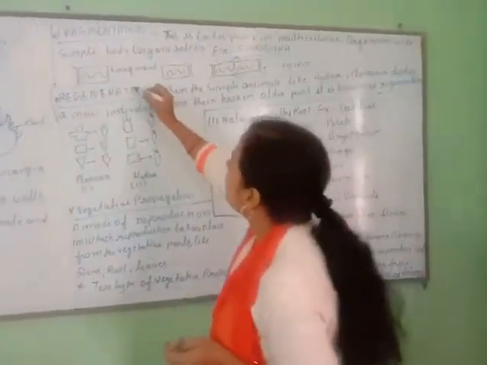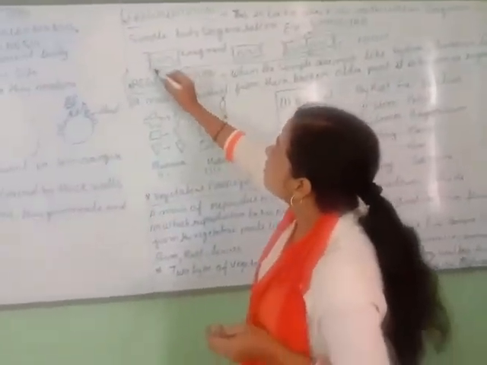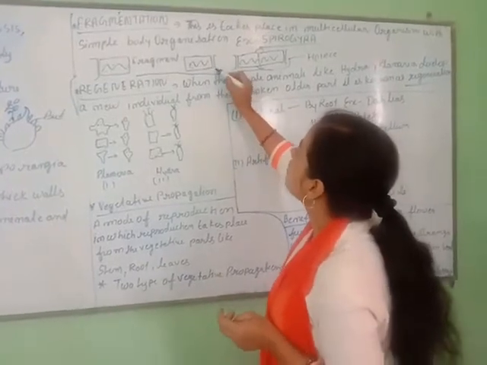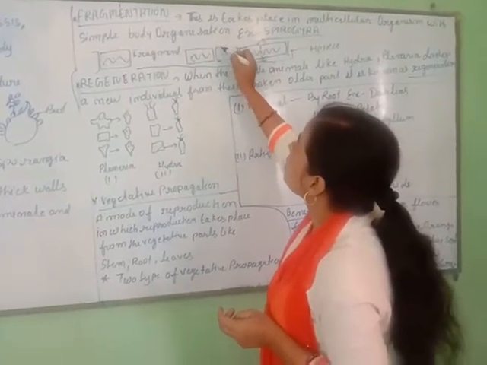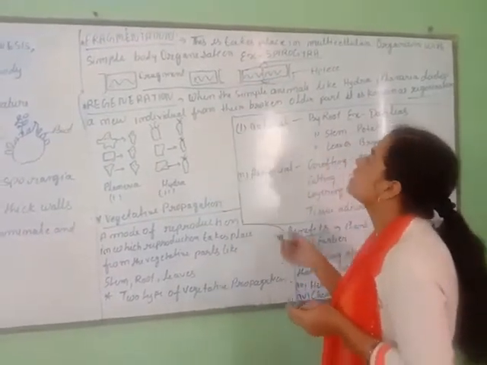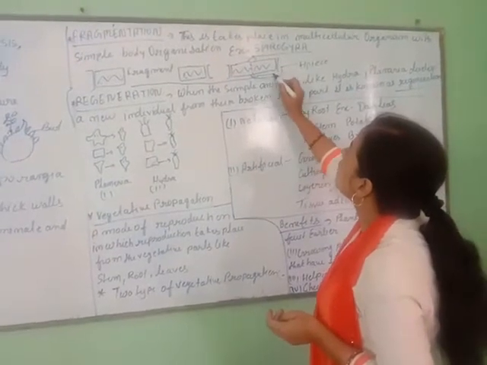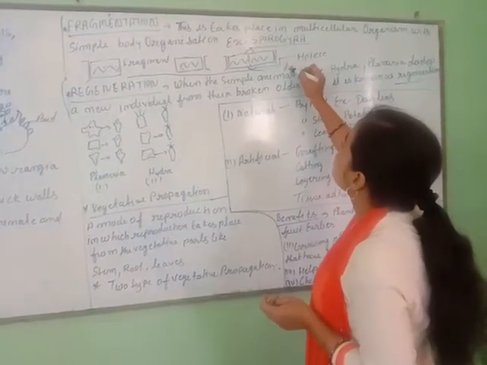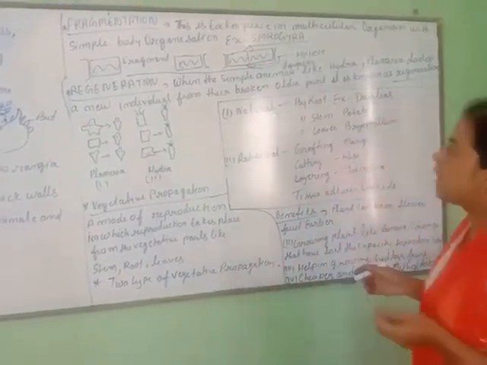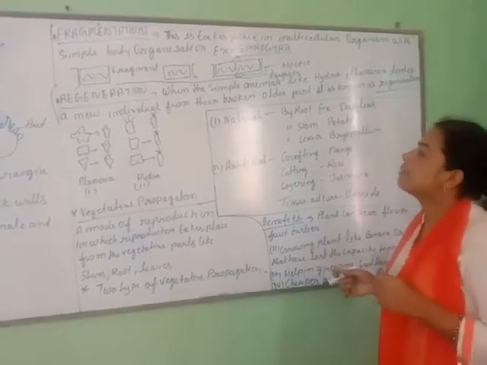The process of reproduction in Spirogyra: this is the first Spirogyra. When it fragments and the process is done, it is divided into two parts. These are two daughter cells, and the two parts make another new Spirogyra.